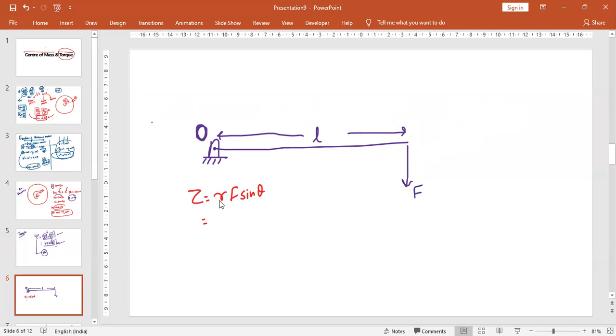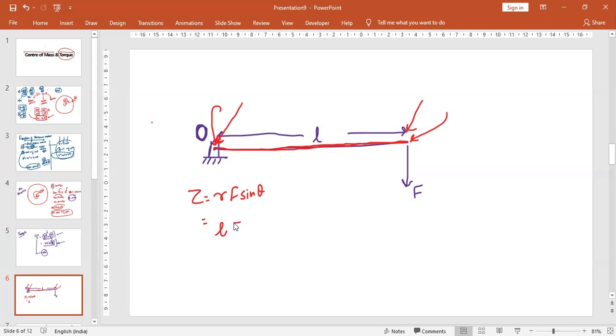So what is the meaning of R? See, you have to calculate torque about point O, and the force is being applied at this point. So what is the distance between the point about which you are calculating the torque and the point on which the force is being applied? The distance is L. So R is basically the distance between the point about which you are calculating torque and the point at which the force is applied.